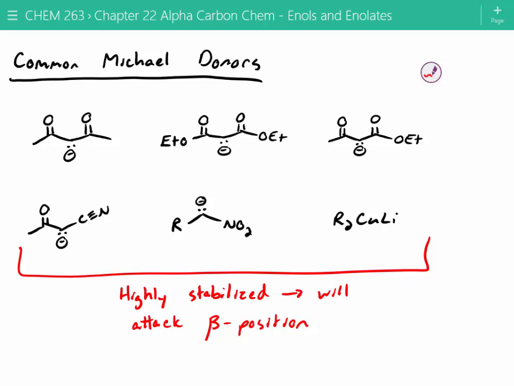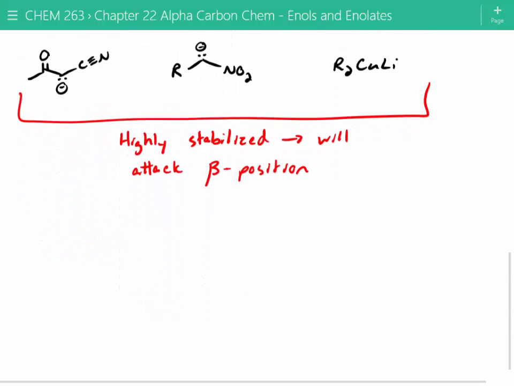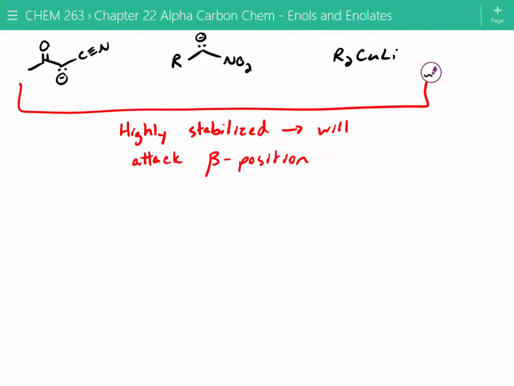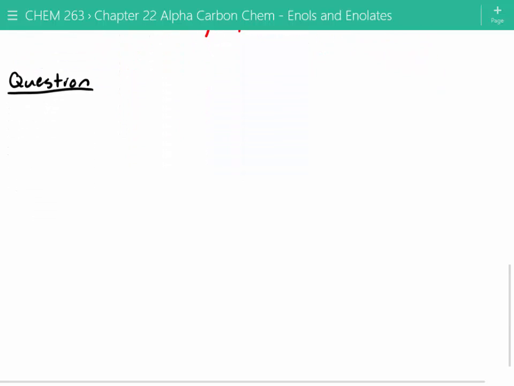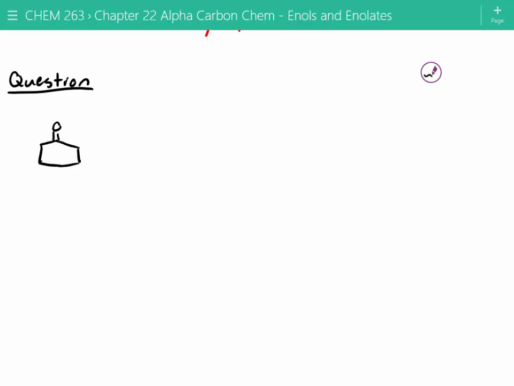All right, so now let's take a look at something a little bit different. What if we don't use a highly stabilized enolate? So let's take a look at this example. I'm just going to use cyclohexanone.